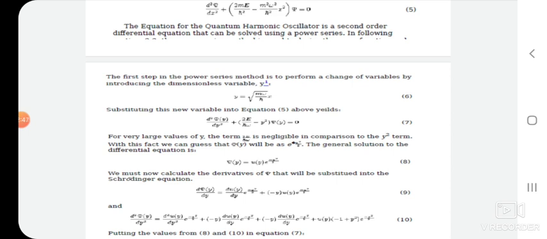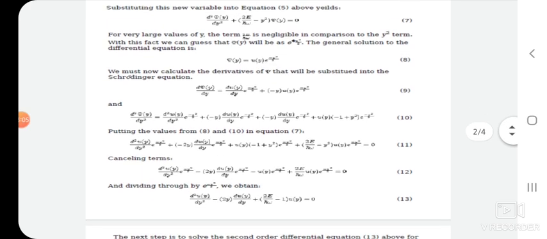If we differentiate equation 8 with respect to y, we get dou psi of y by dou y is equal to dou u of y by dou y e to the power of minus y square by 2 plus minus y u of y e to the power of minus y square by 2.